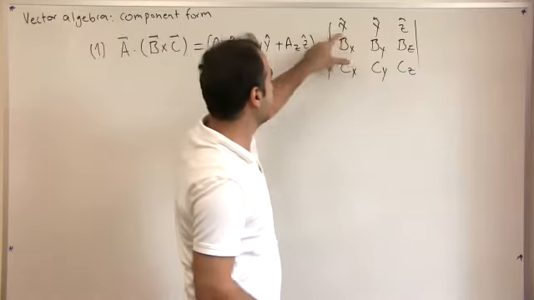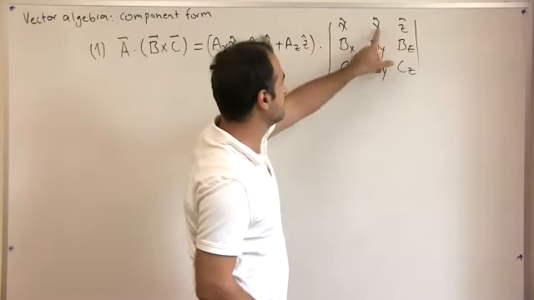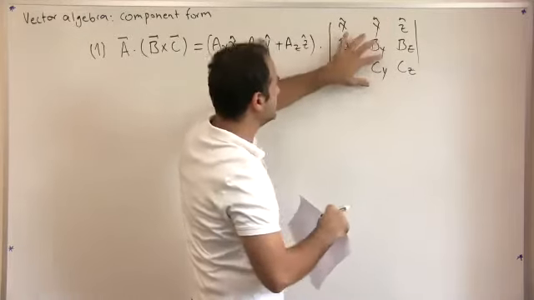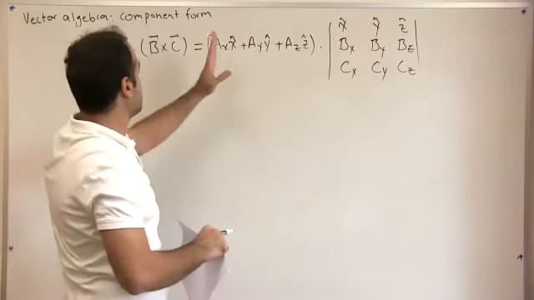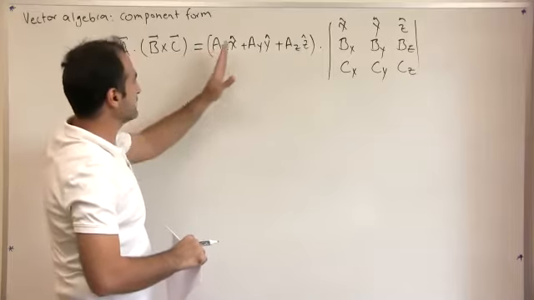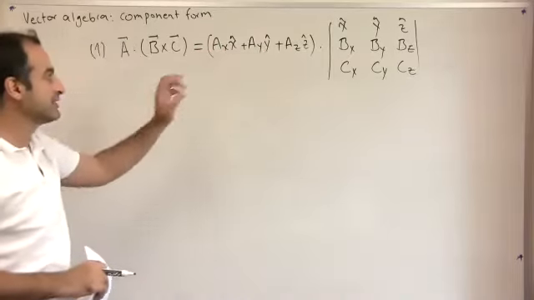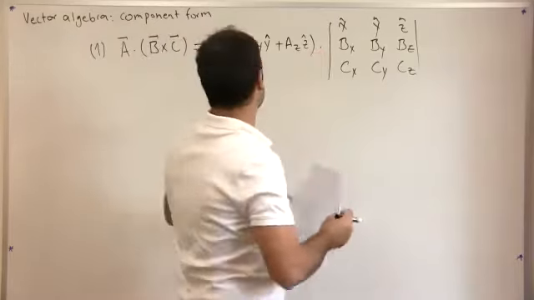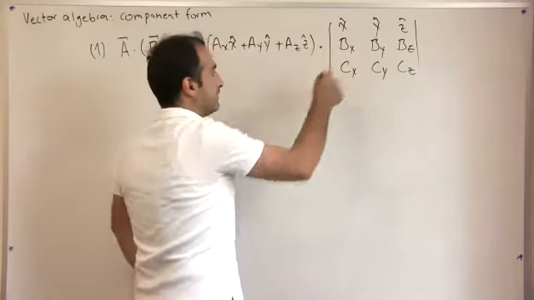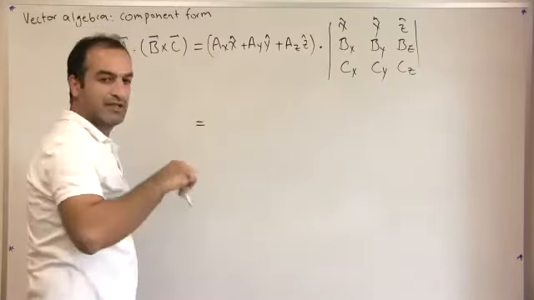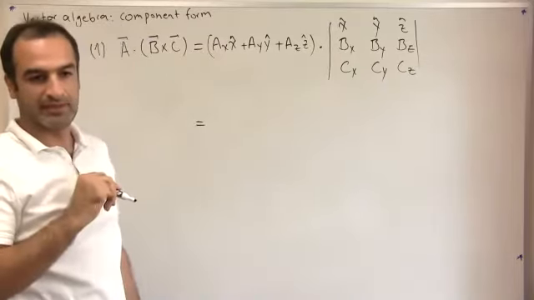One of them is X hat times the determinant of this, Y hat times the determinant of this, and Z hat times the determinant of this matrix. And then we have another vector AX, AY, AZ, each multiplied with the unit vectors in the dot product. Each component needs to be multiplied.